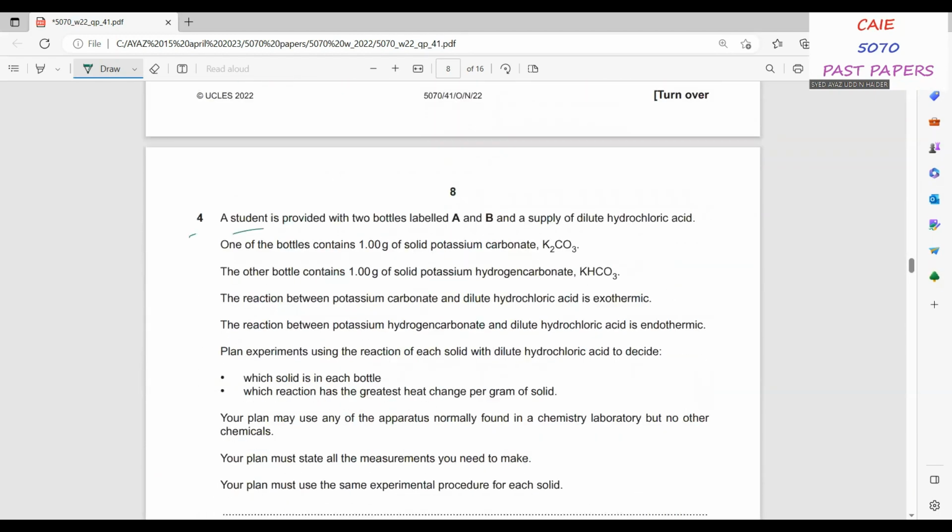Number 4, a student is provided with 2 bottles labeled A and B and a supply of dilute hydrochloric acid. One of the bottles contains 1 gram of solid potassium carbonate, K2CO3. The other bottle contains 1 gram of solid potassium hydrogen carbonate, KHCO3. The reaction between potassium carbonate and dilute hydrochloric acid is exothermic, which means it releases heat.